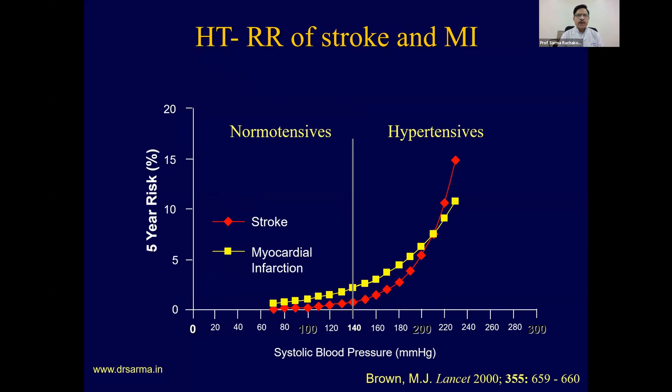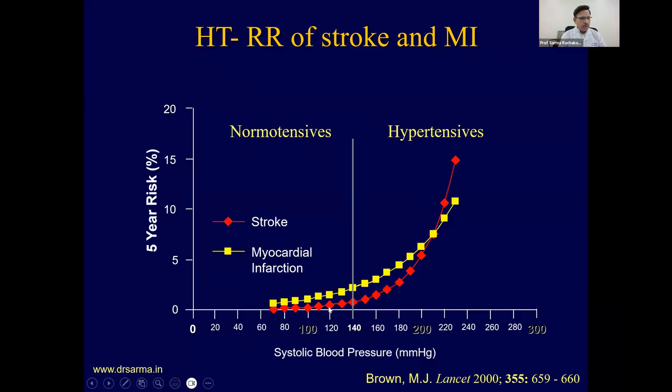Now you see hypertension and relative risk of stroke and myocardial infarction. You can see the normotensives, stroke is the red graph, and myocardial infarction is the yellow points there. So in normotensives, both stroke and myocardial infarction are very, very low.